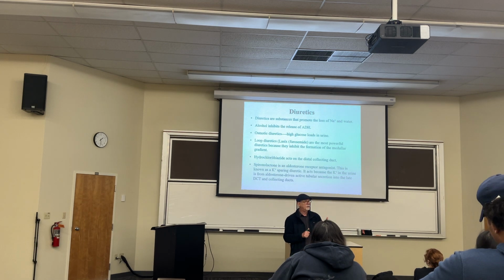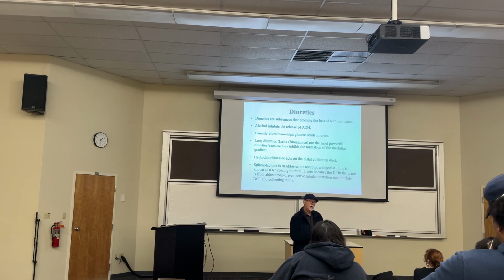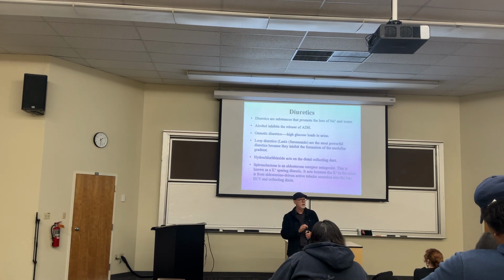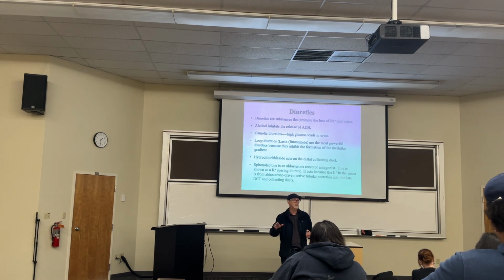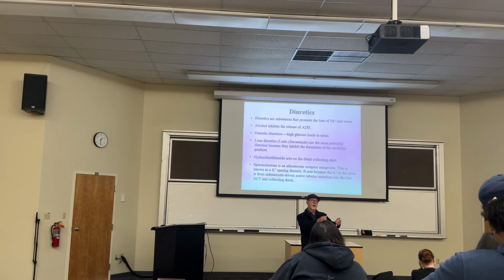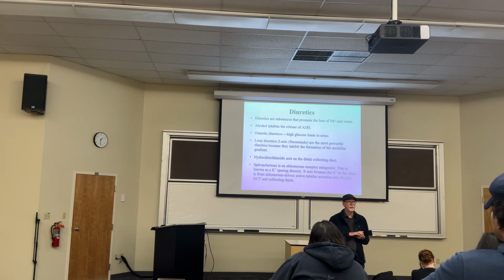But we have some things in our food or drink which are natural diuretics, make us pee more. Alcohol is one. Alcohol inhibits the release of ADH, antidiuretic hormone. So you don't release as much ADH. That means you pee more because you don't have as much ADH there to reclaim that filtered water in the collecting duct.